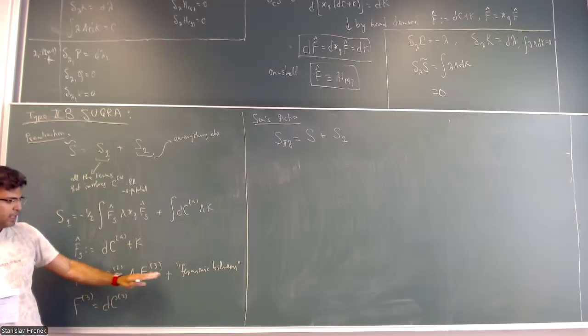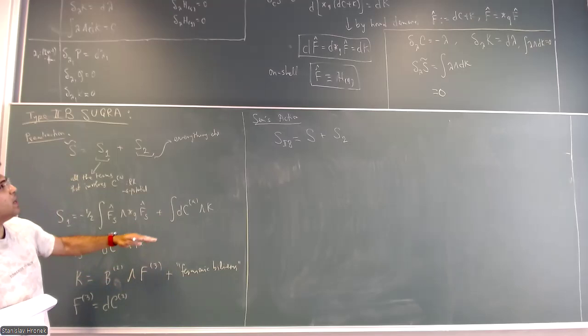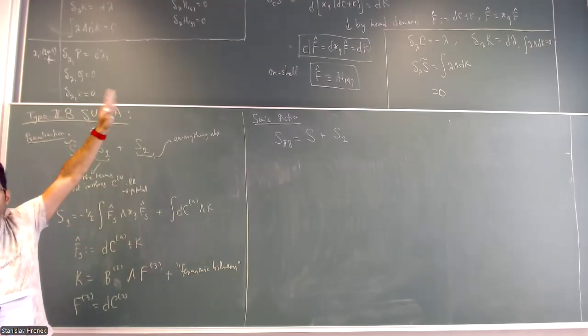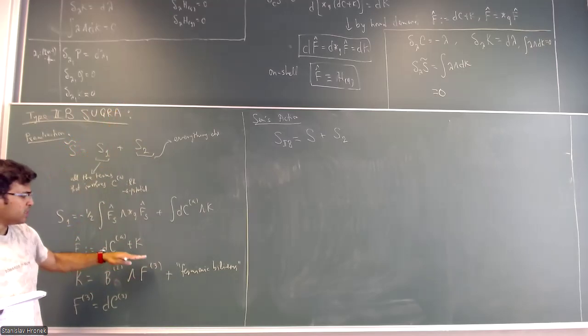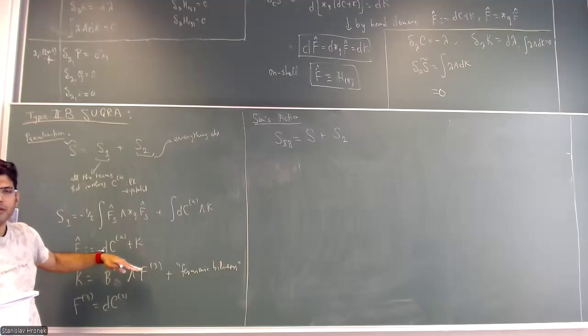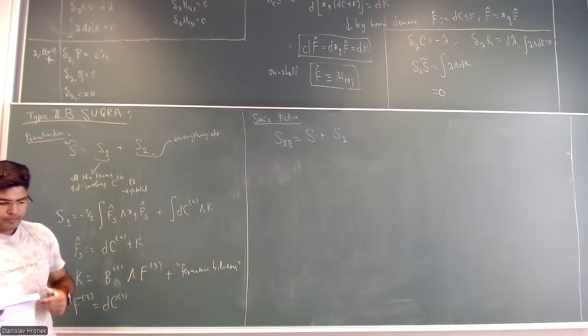But yes, you're right that A is not just acting like a source in itself, it's also becoming dynamical, which answers the second part, why we needed to add those terms. Because if we had not added those terms, the things that appear in K equations of motion wouldn't match. So that's the reason. Okay.